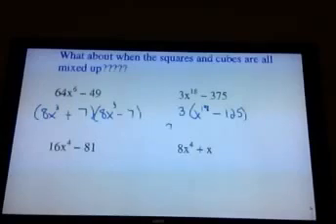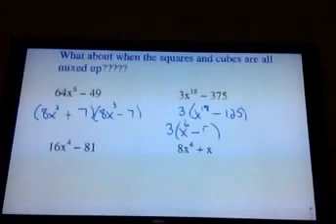So my 3 comes down. X to the 18th is x to the 6th times x to the 6th times x to the 6th. 18 divided by 3. Minus 125, 5 times 5 times 5. So the cube root, same sign. Then I square the first. So x to the 6th times x to the 6th.